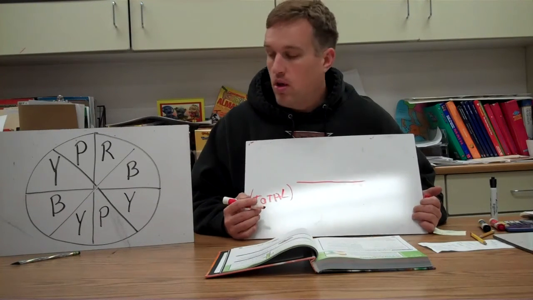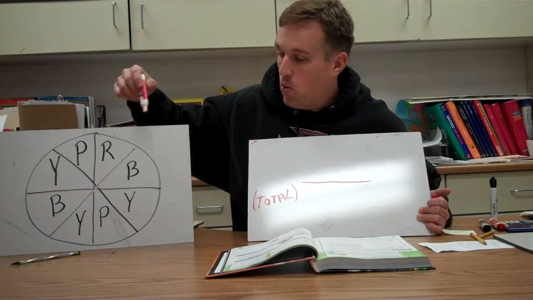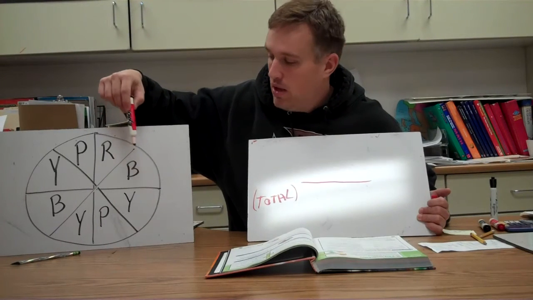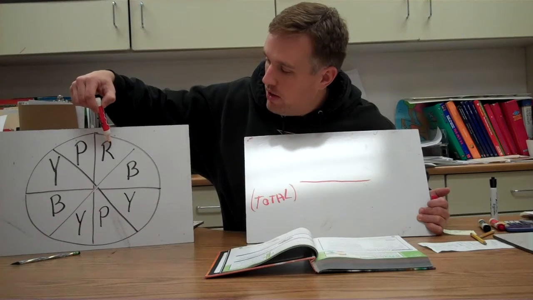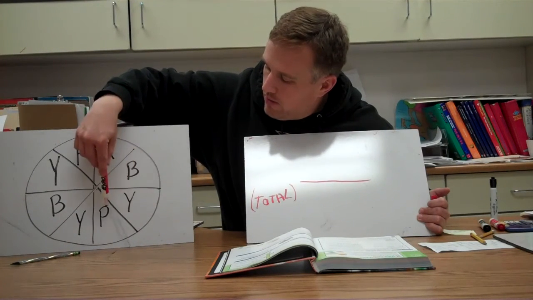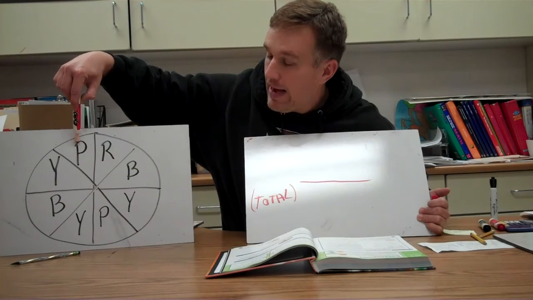Okay? The total that we could spin on. So in order to do that, we need to count. We need to count every possible outcome that we could spin on. So if we start on the red here, there's 1, 2, 3, 4, 5, 6, 7, 8.